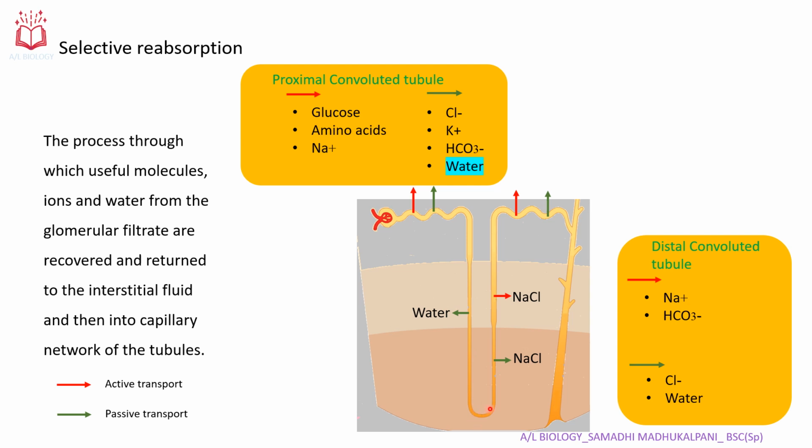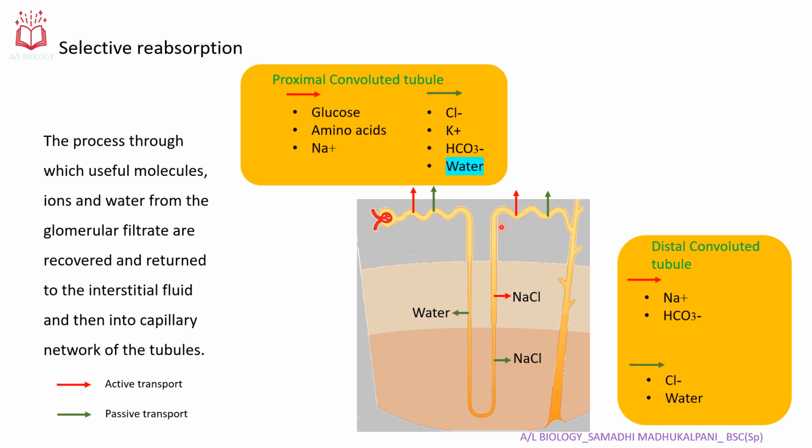But when it moves up through the ascending limb, water reabsorption does not take place because the ascending limb is impermeable to water. But sodium chloride reabsorption takes place along the ascending limb of the loop of Henle. Therefore, this filtrate becomes more diluted as it moves towards the distal convoluted tubule.